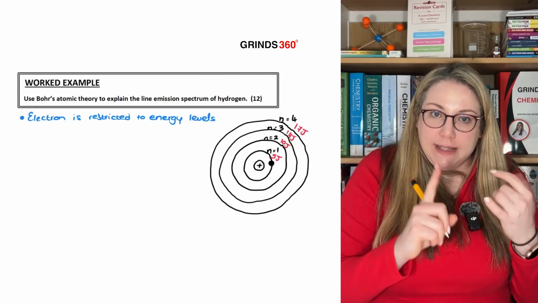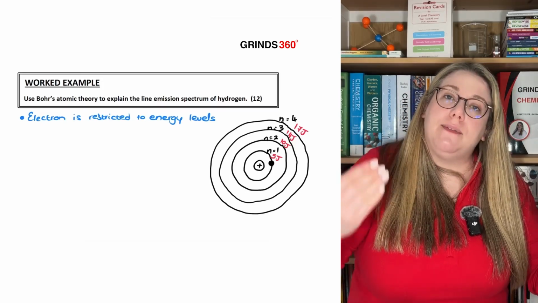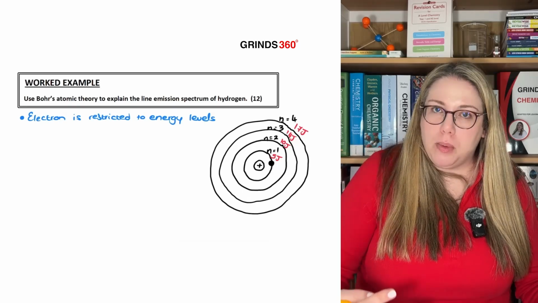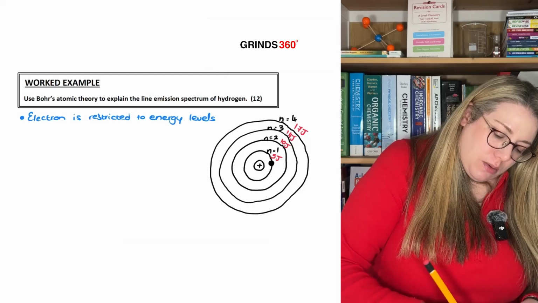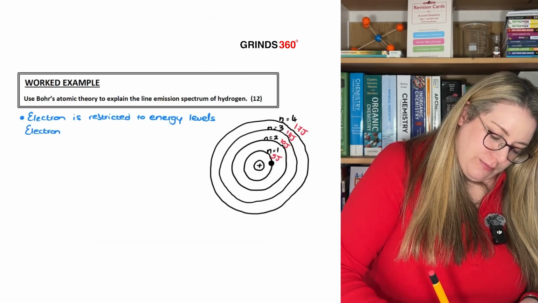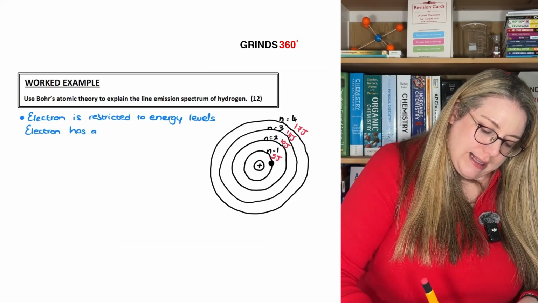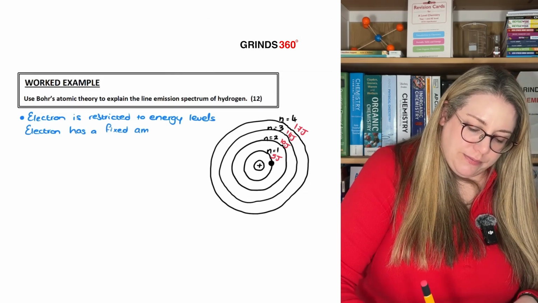Now, that phrase, fixed amount of energy, is something that we're going to try and shoehorn in here because it's the very key essence of what a Bohr theory question is asking you for. So, your electron has a fixed amount of energy, or a fixed energy value is fine.